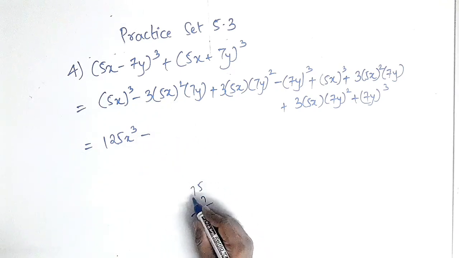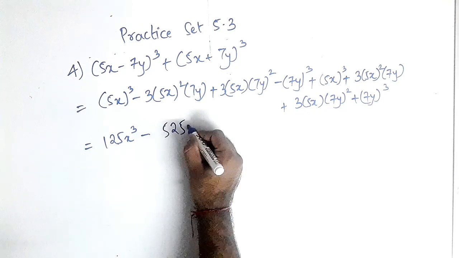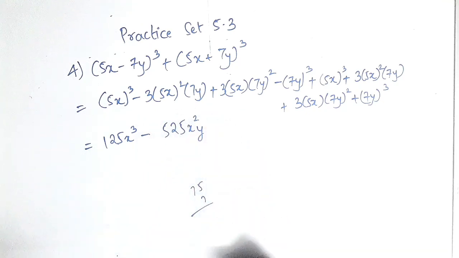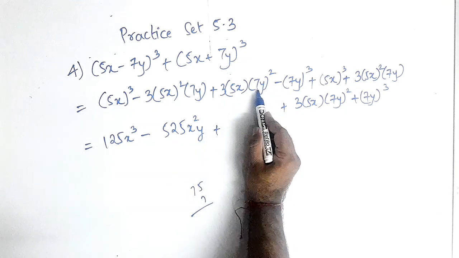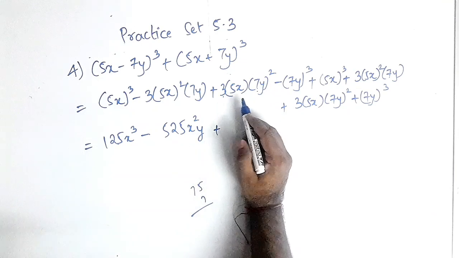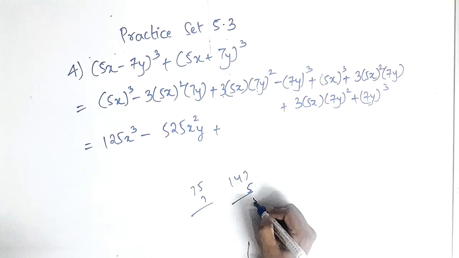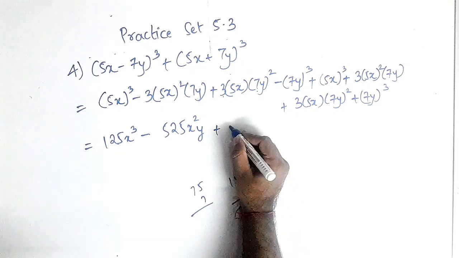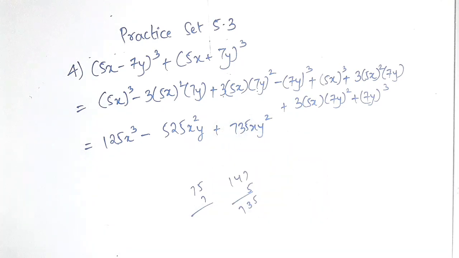Let us work out 75 times 7: 490 plus 35 is 525x square y, okay, plus this is 49, 3 times is 147. What is 147 times 5? 5 7s are 35, 5 4s are 20, it is 735xy square, okay, minus 7y cube.